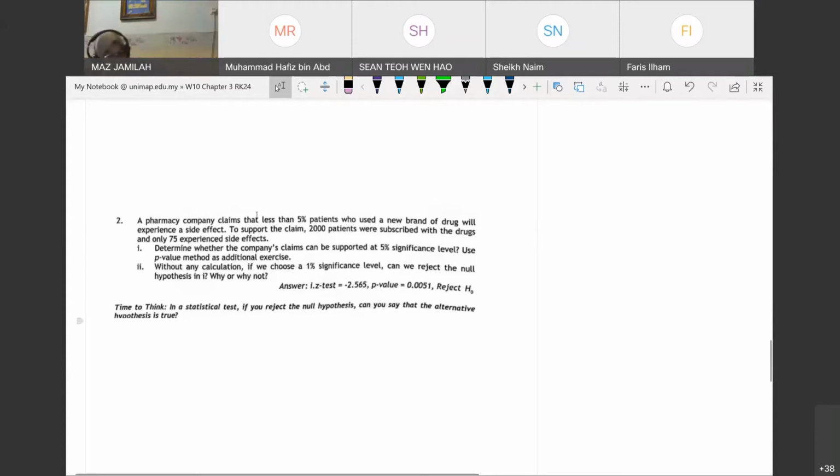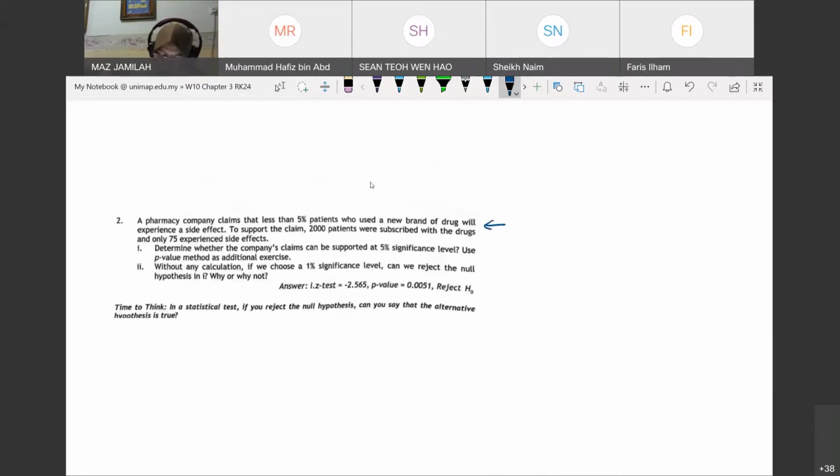A pharmacy company claims that less than 5% of patients who use a new brand of drug will experience a side effect. To support the claim, 2,000 patients are prescribed the drug and only 75 experience side effects. Let us take out the information.